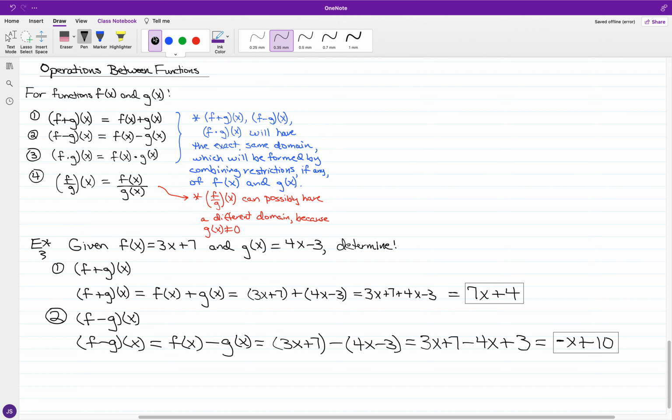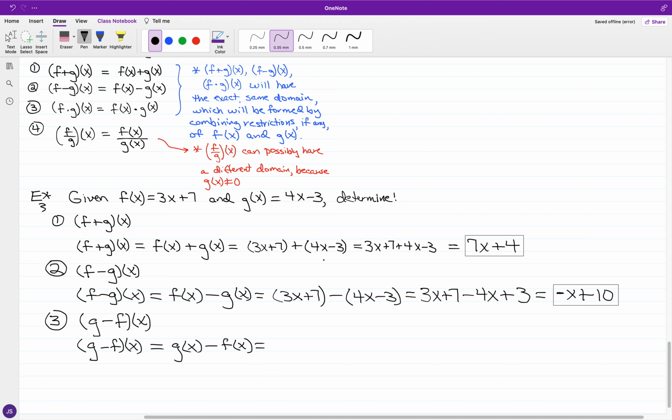And just a quick reverse order scenario. If I'm looking at what's going to result from the difference function where I have g minus f of x, that's going to be g of x minus f of x, and for g of x, we have 4x minus 3.